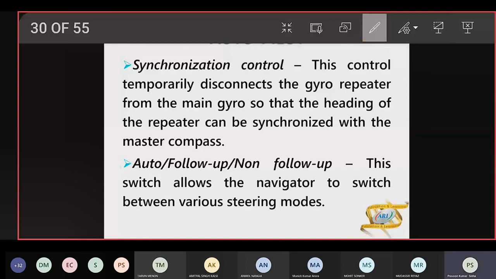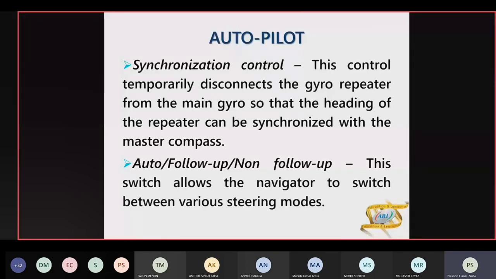Another one is the steering selector switch. What kind of steering you want? तो ये स्टीयरिंग कॉलम में ये आपके पास प्रोवाइडेड होता है. There are 3 positions minimum: auto, follow up, non follow up. There may be a 4th position also called adaptive.